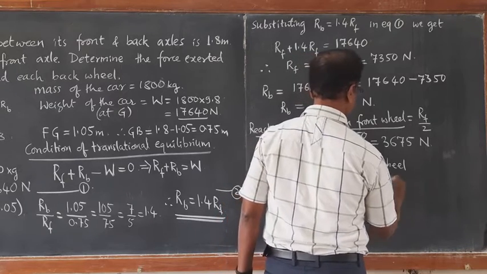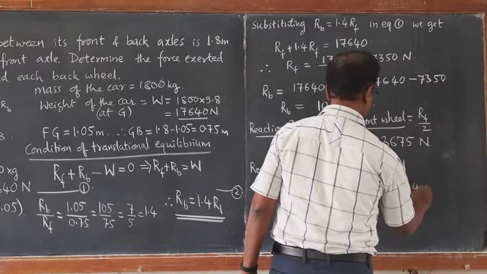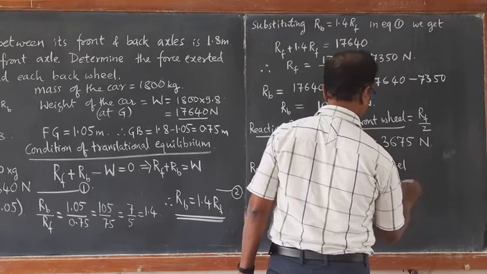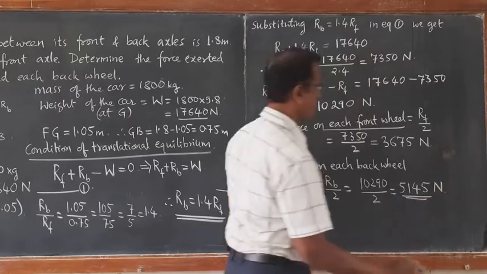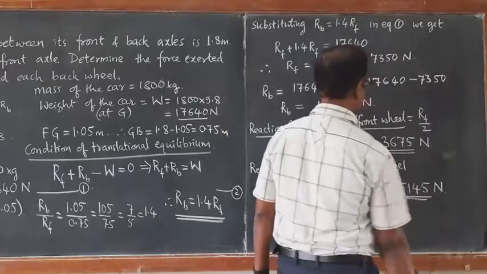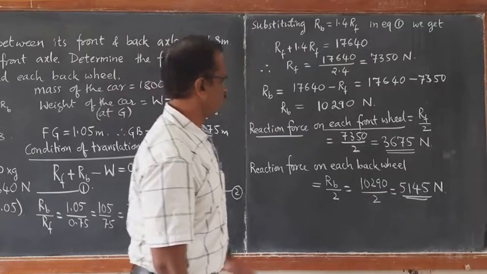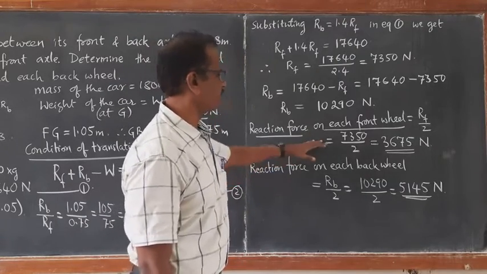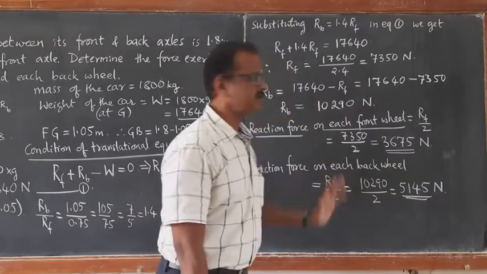So this comes out to be 5,145 Newton. And 3,675 Newton is the reaction force on each front wheel. Reaction force on each back wheel is 5,145.